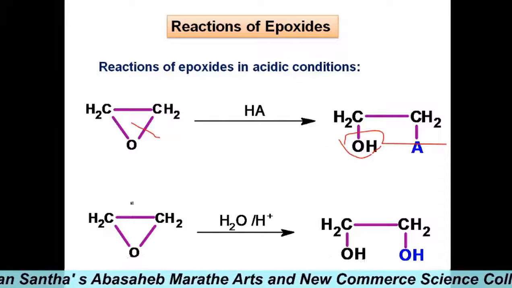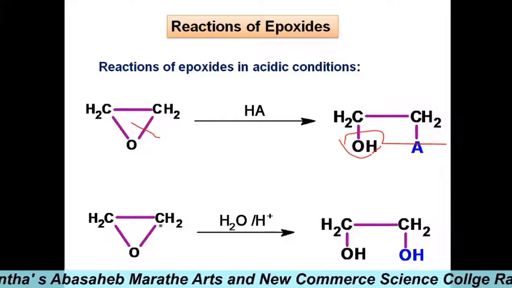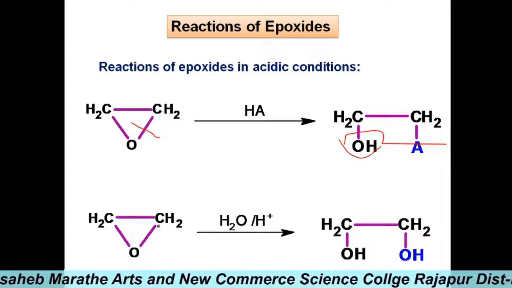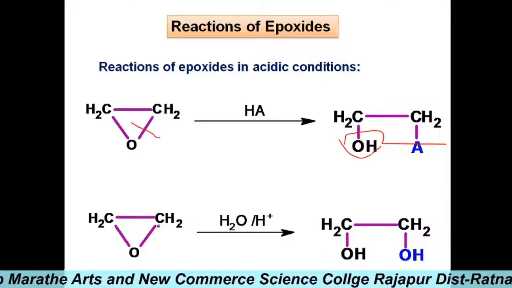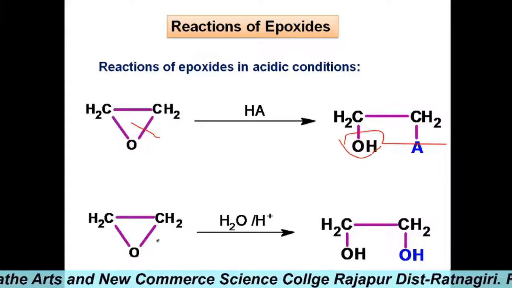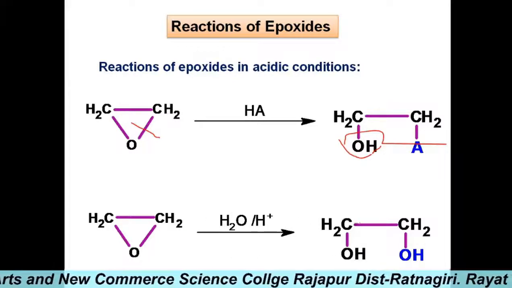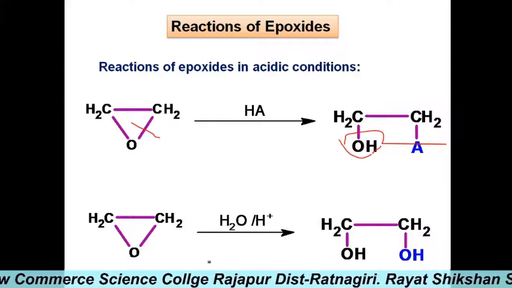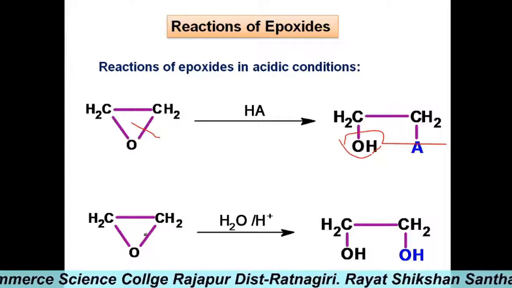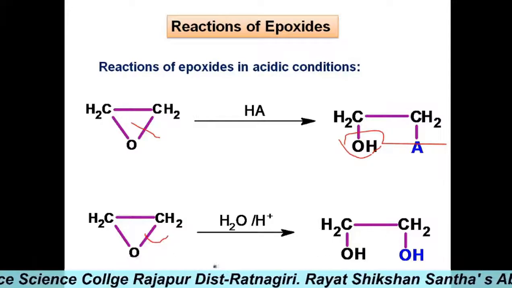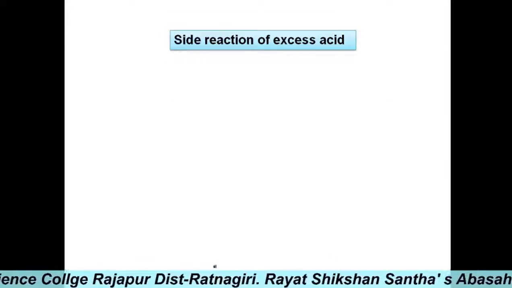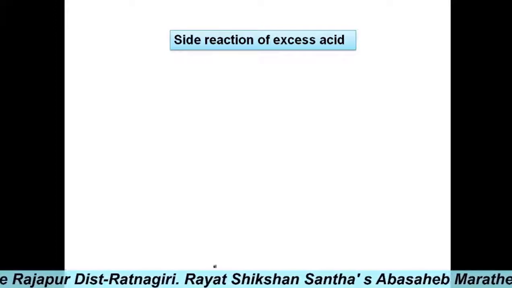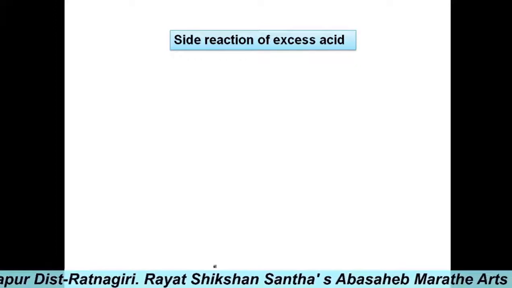Similarly, take the example of ethylene oxide. This ethylene oxide, on hydrolysis in dilute acid, gives the glycol, where the ring opens on that side. Next, side reactions are possible in these reactions.